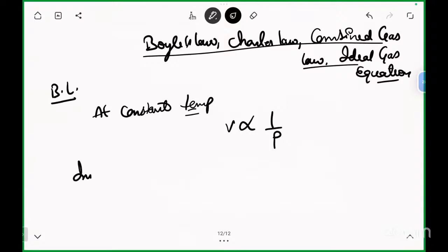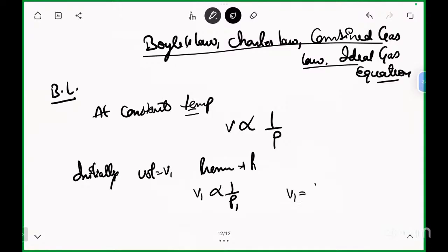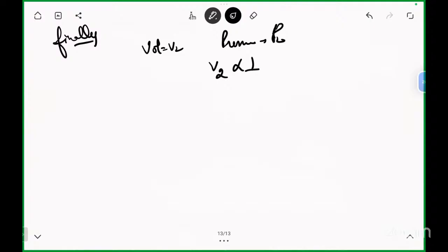Imagine initially the volume is V1 and the pressure is P1, where P1 is K divided by V1. Then the volume becomes V2, and P2 is K upon V2.